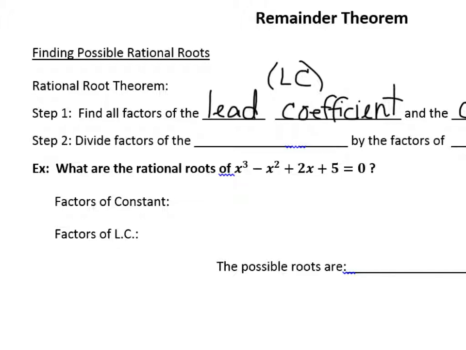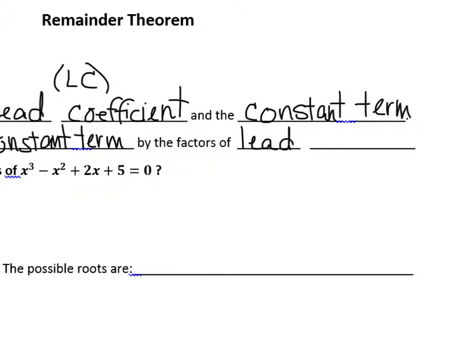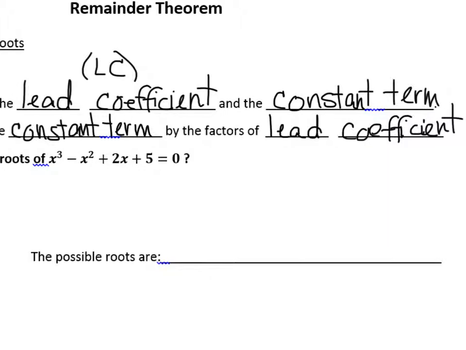We're going to divide factors of the constant term by the factors of the lead coefficient, the LC. And that will tell us all of the possible roots that could exist. Not any actual ones, but the ones that we know could be a possibility.